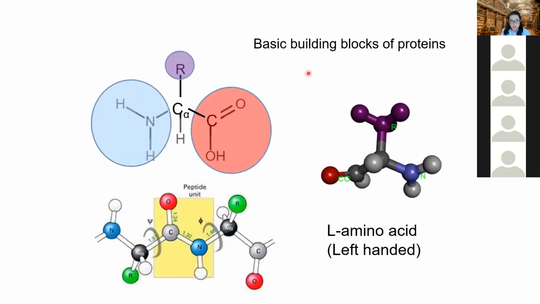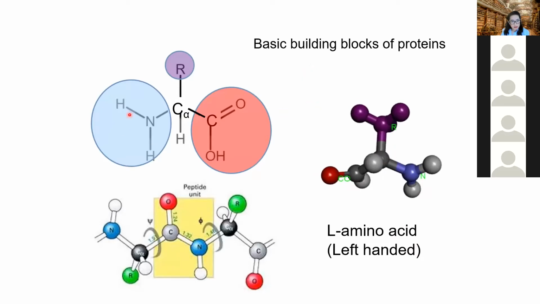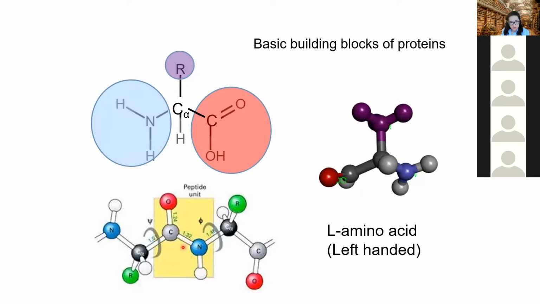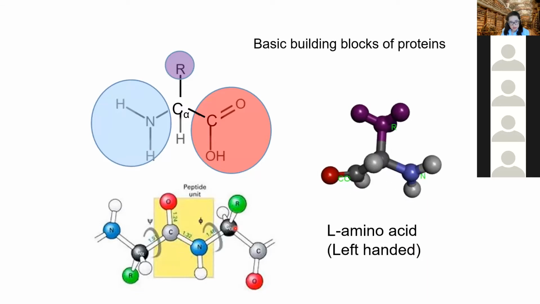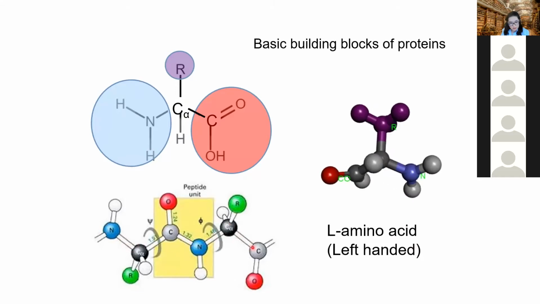For the basic building block of protein, we have this amide group, the R group that is specific for each amino acid, and the carboxylic acid. So once they become the polypeptide chain, it will be called the amino acid sequence. So the R group will vary.